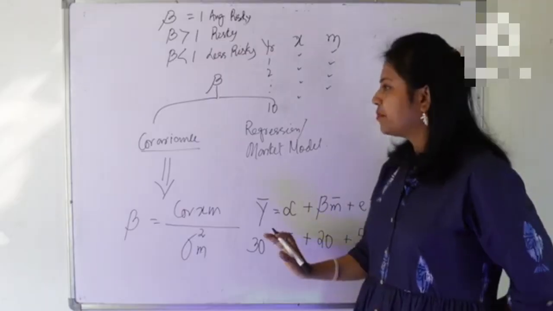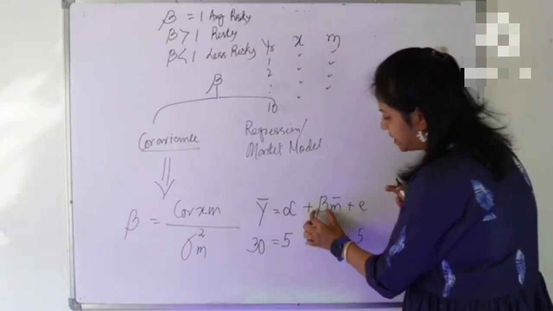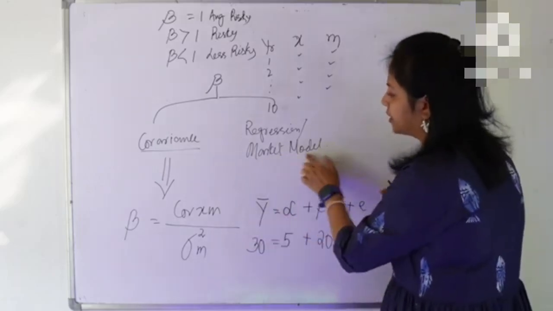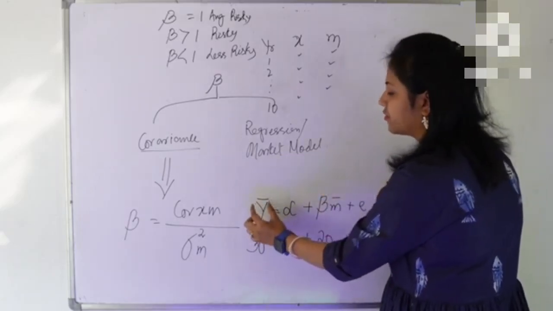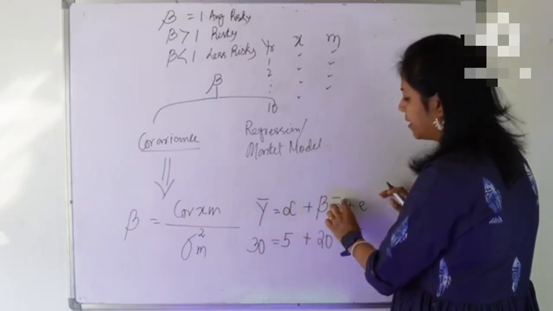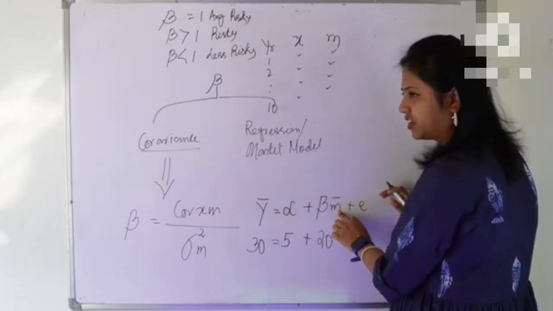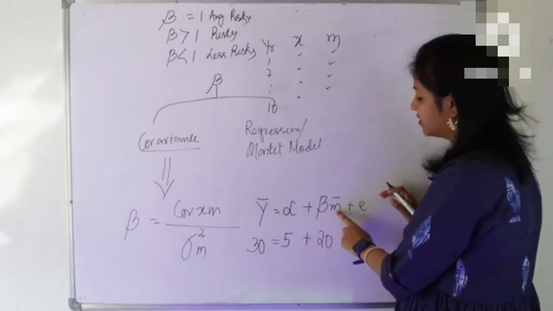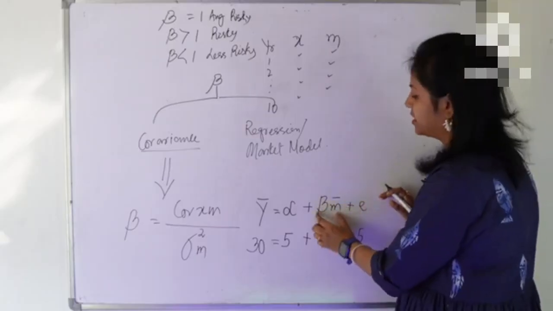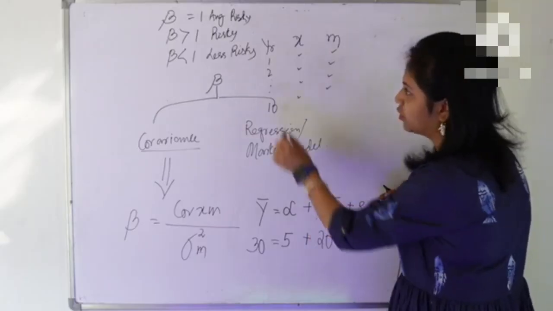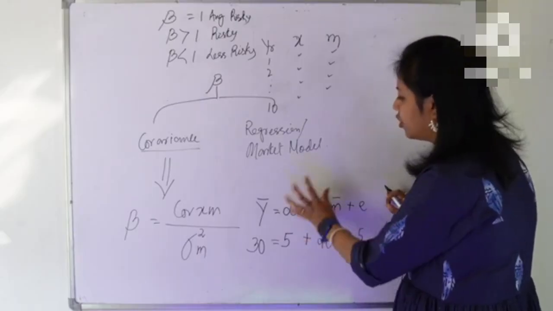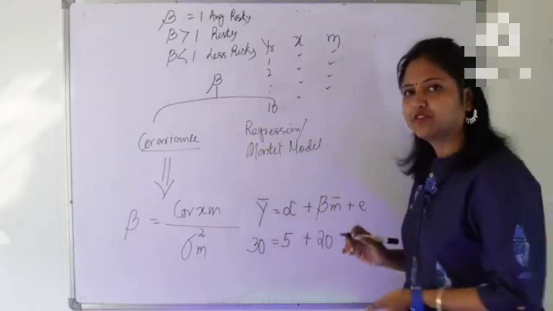So I also have a scope for calculating beta from this regression equation. The regression equation or market model says that if total return is Y bar, alpha is a fixed component and beta times M bar is the average market return multiplied by the riskiness of the security. When we sum them, we get the total return expected from a security.